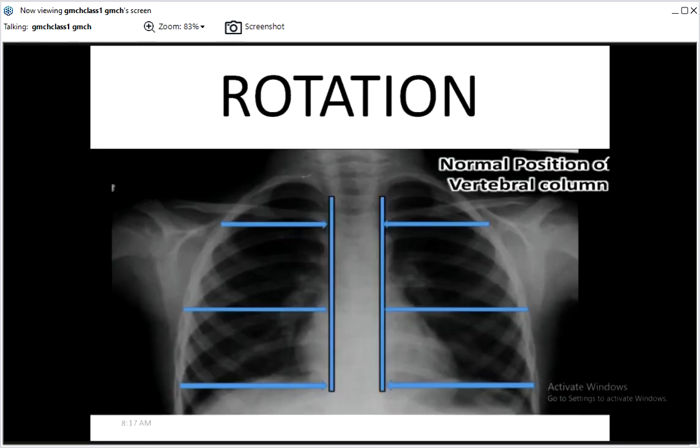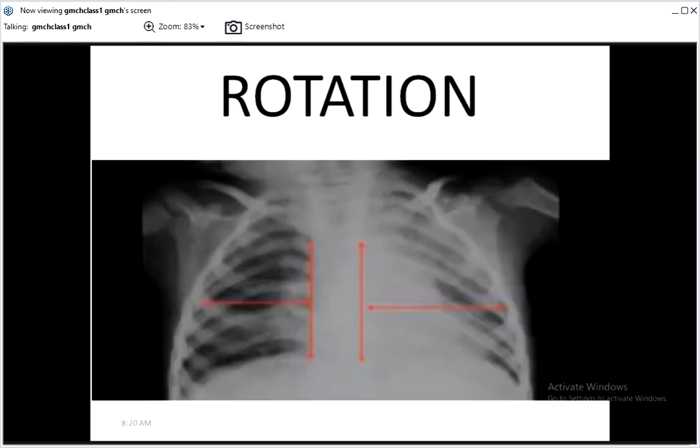This is the most important way to see whether your film is rotated or not. There are a few other ways which we will be discussing. You can draw two lines corresponding to the vertebral column, and see whether they are equidistant at the corresponding points from the lateral chest wall on both sides or not. And then you can also see the cardiac shadow.